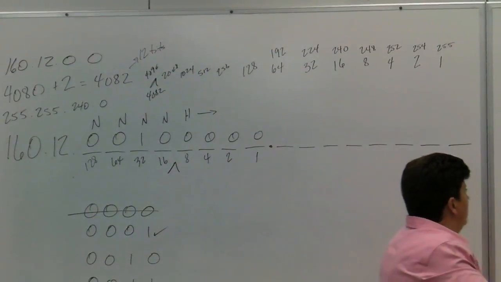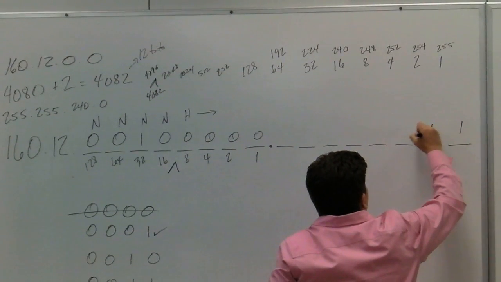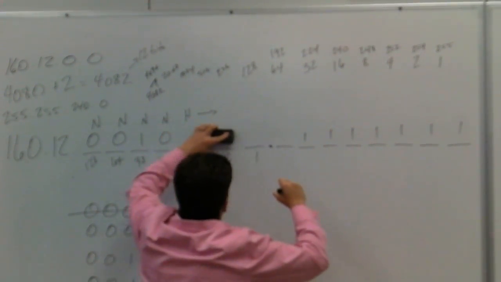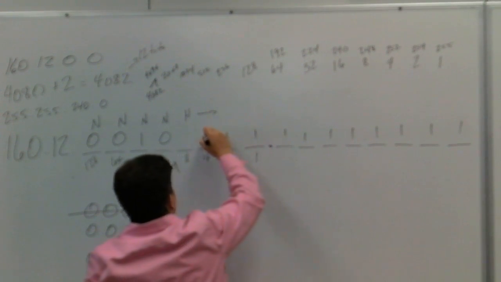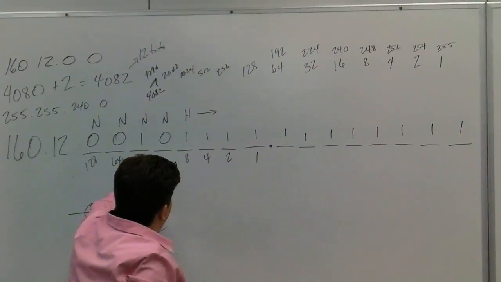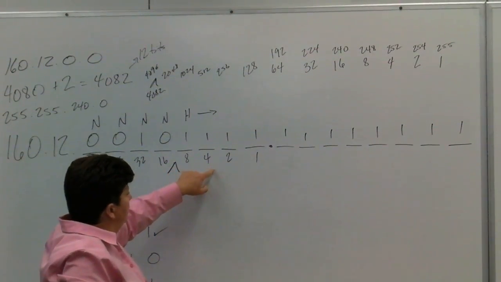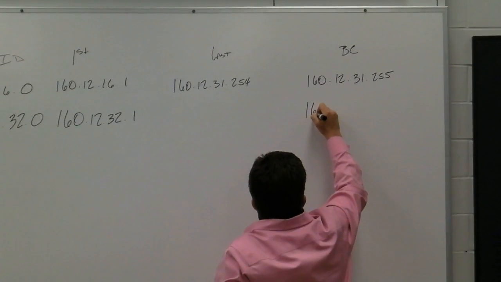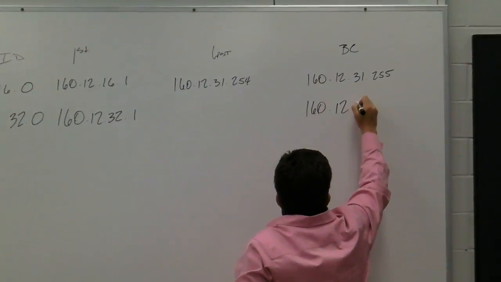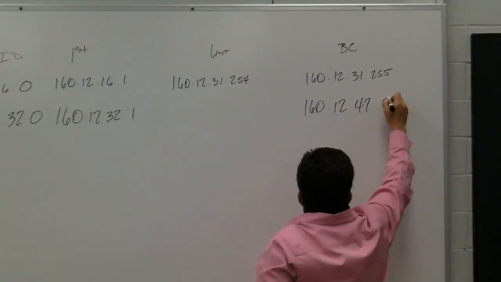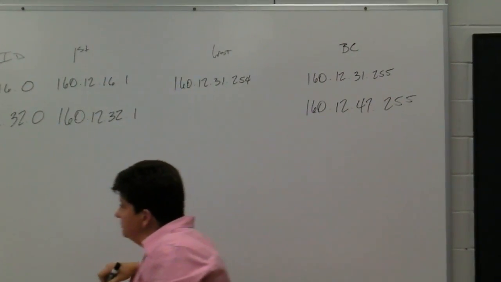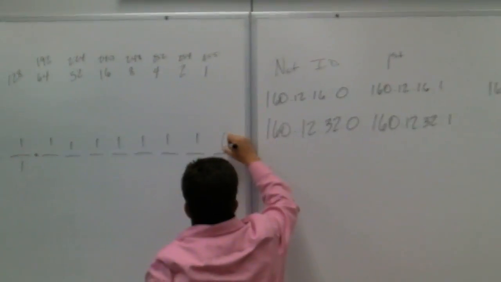That's the first thing I can give away. Now if I turn all of them on in the host portion, 32 plus 8 plus 4 plus 2 plus 1 is 47. And then 1 smaller.